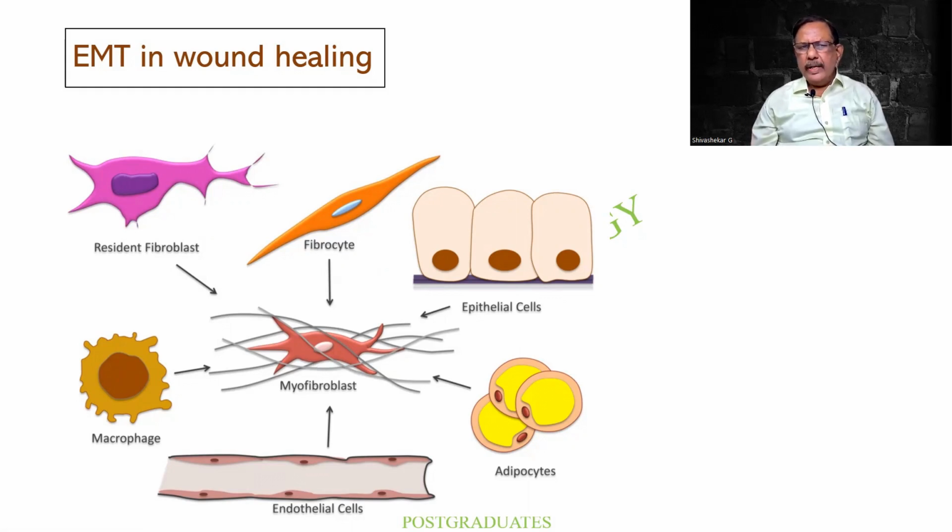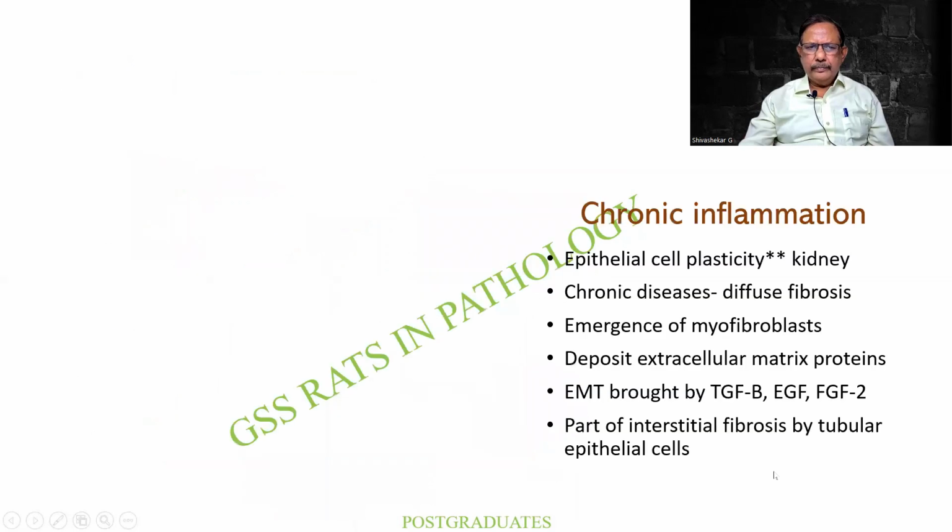This one, I would like you people to keep in one corner of your mind and apply to the Aschoff nodule in rheumatic heart disease. What is the origin of the Aschoff cells? Many theories will be given and it almost mimics this. In chronic inflammation, there are many conditions. One is the kidney.